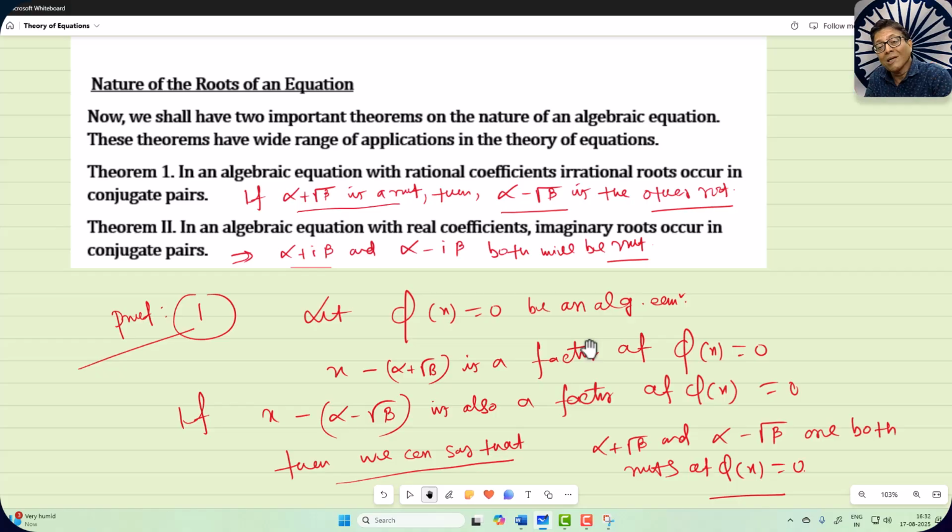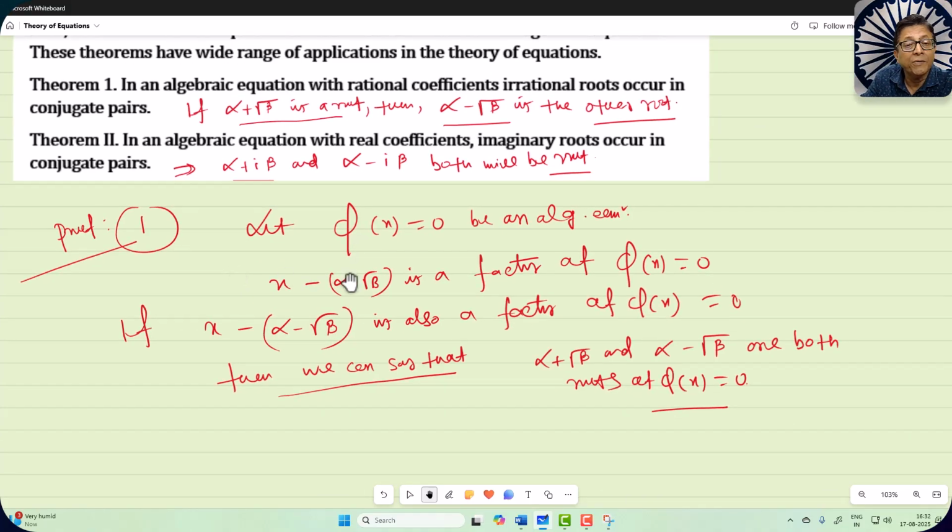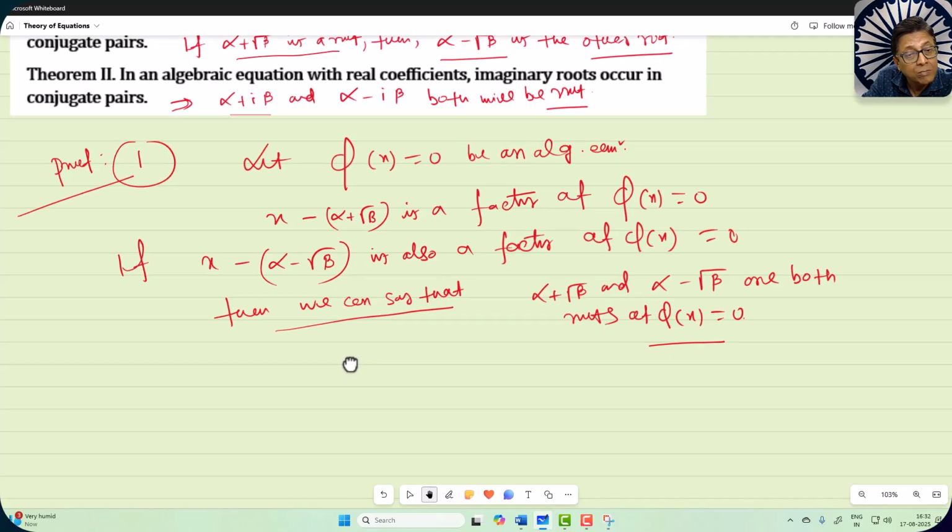Or you can go by this method. If you divide the polynomial by the product of these two factors and no remainder is there, then it is done. You understand? Phi x equal to 0.